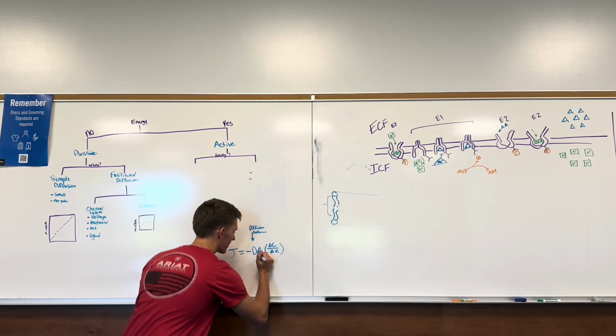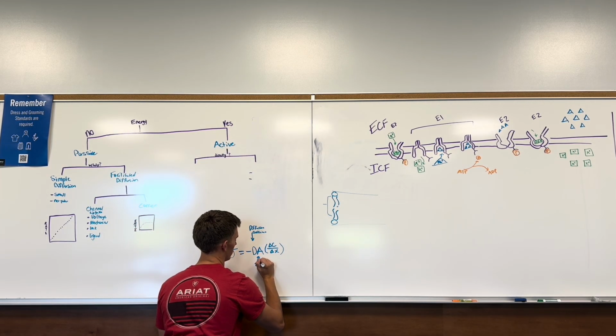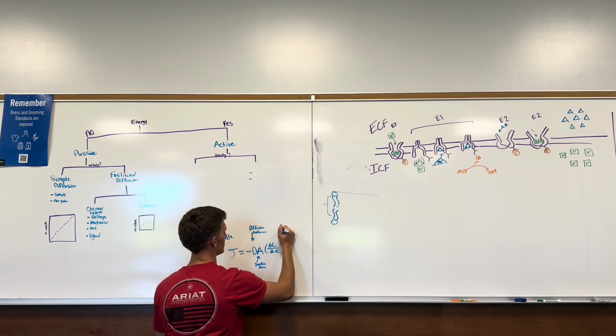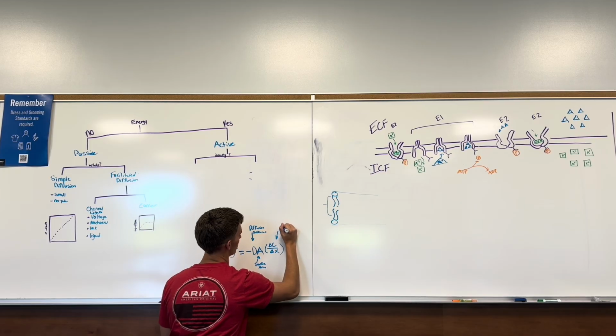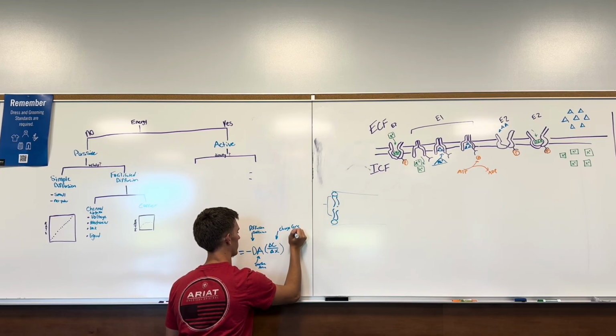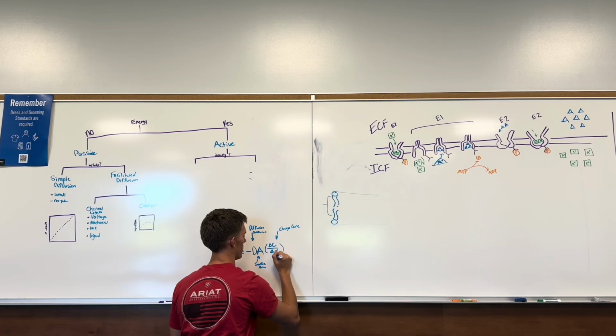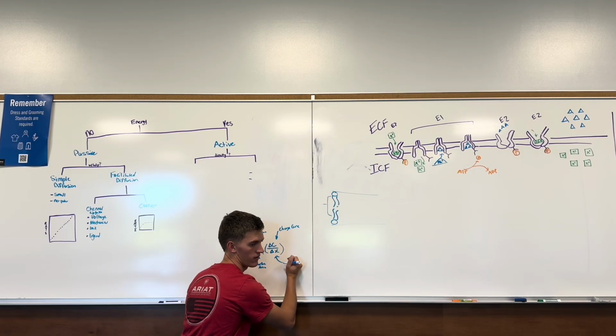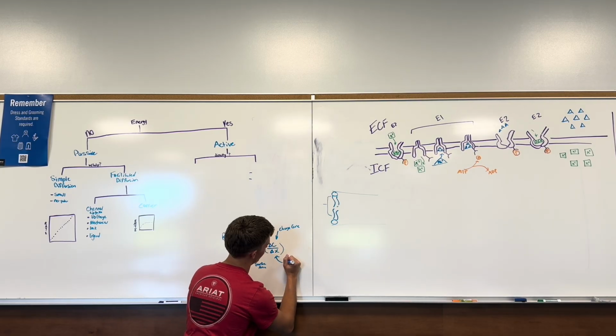This is surface area. This is change in concentration. And that is the thickness of the membrane.